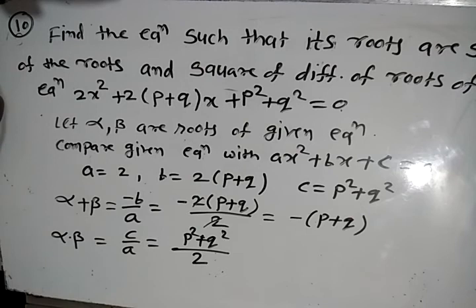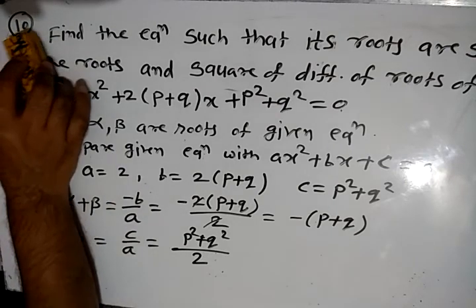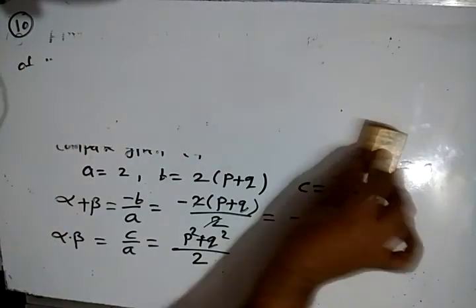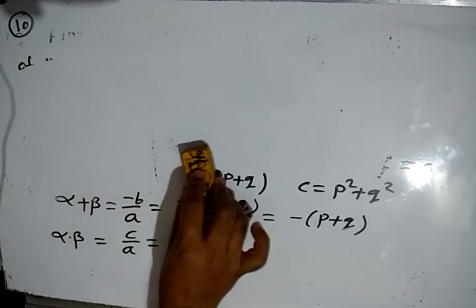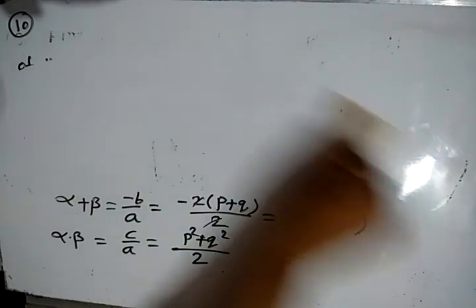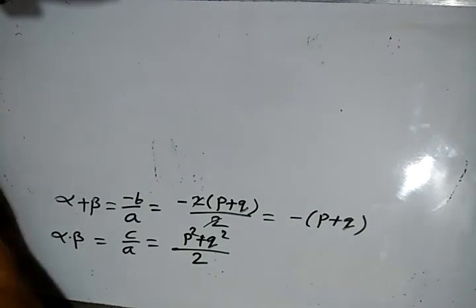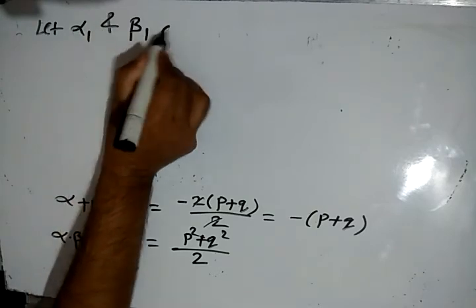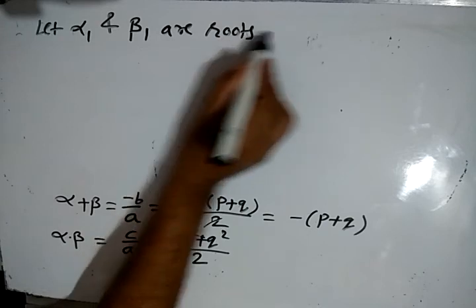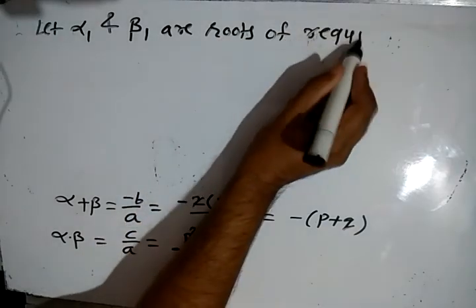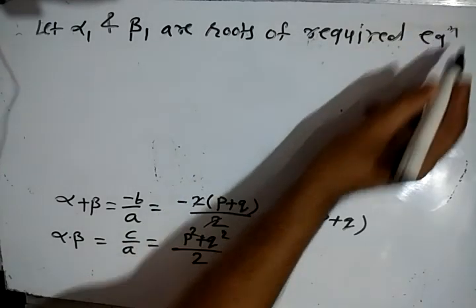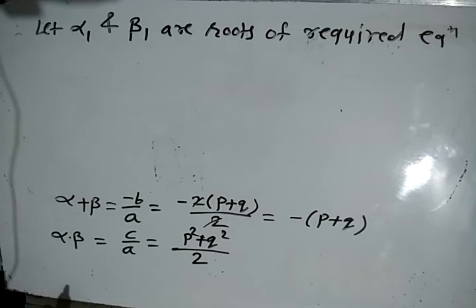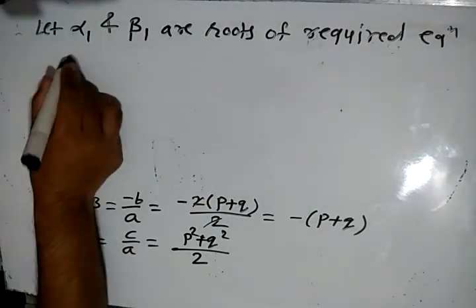Suppose alpha 1 and beta 1 are the roots of the required equation.